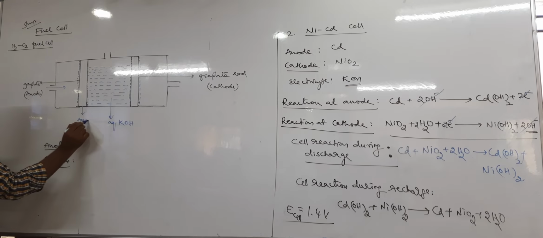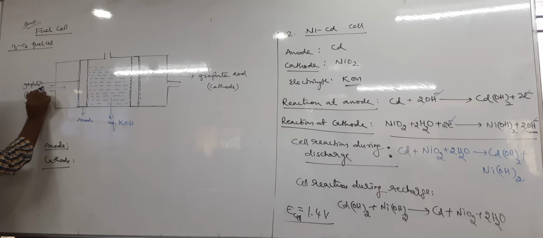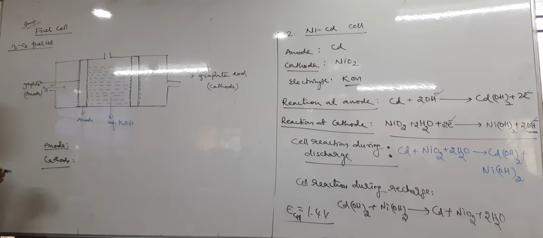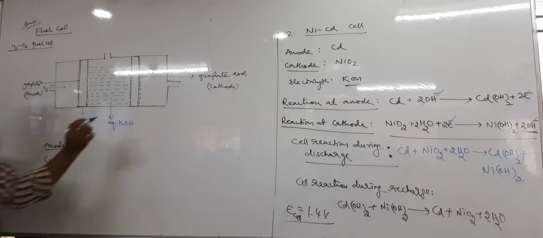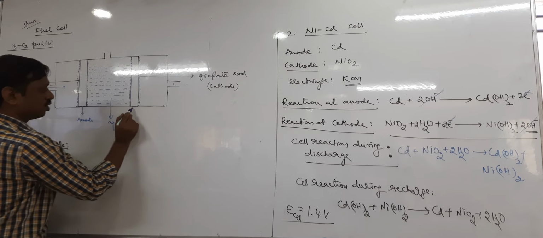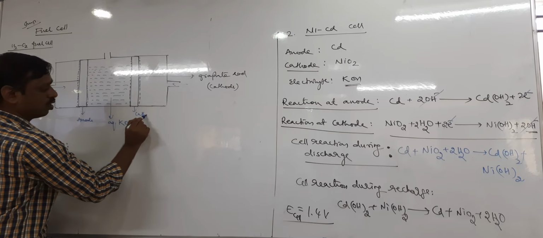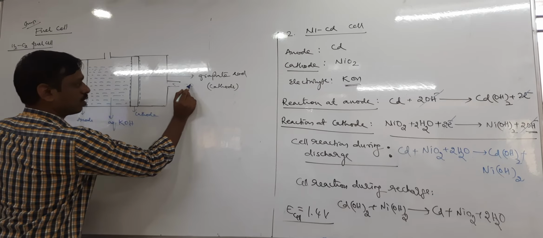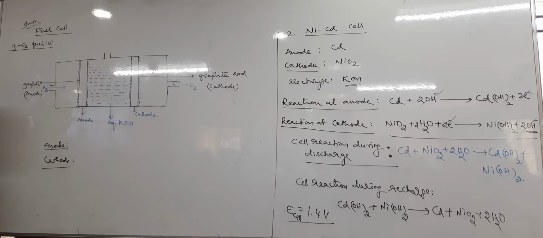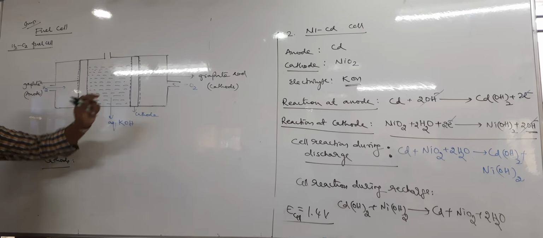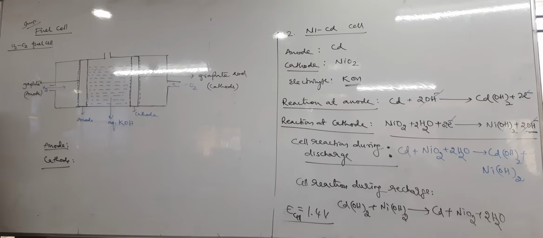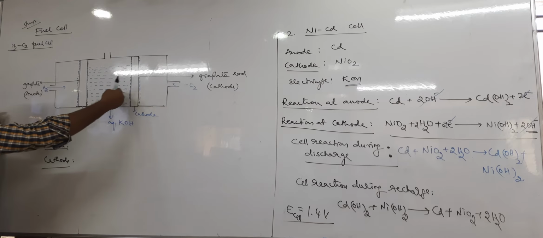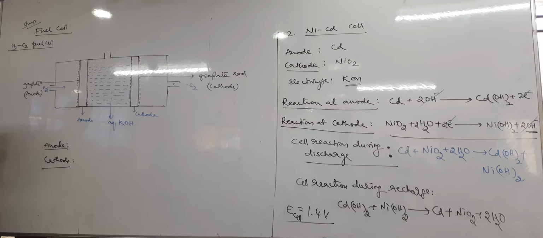Through the cathode, oxygen gas is allowed to pass. Don't confuse: through the anode H2 gas, and through the cathode oxygen gas, is bubbled into the KOH solution.